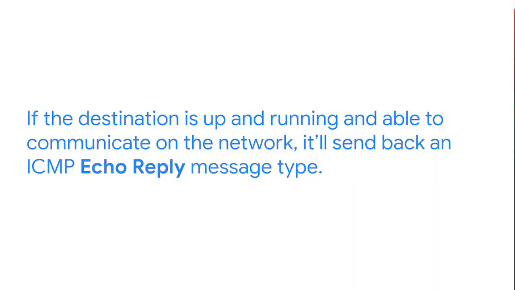An ICMP echo request essentially just asks a destination, "Hey, are you there?" If the destination is up and running and able to communicate on the network, it'll send back an ICMP echo reply message type. You can invoke the ping command from the command line of any modern operating system. In its most basic use, you just type ping and a destination IP or a fully qualified domain name.